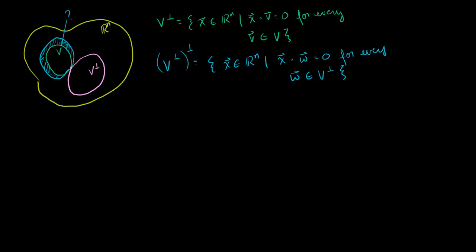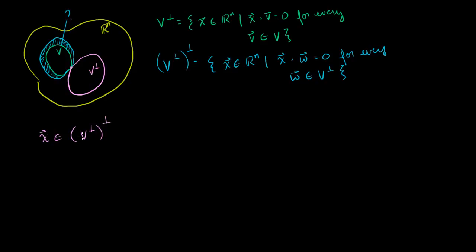So let's say I have some vector x that is a member of the orthogonal complement of the orthogonal complement. Now, we saw in the last video that any vector in Rn can be represented by a sum of some vector in a subspace and a vector in the subspace's complement.